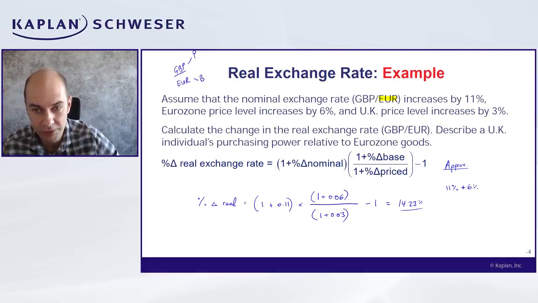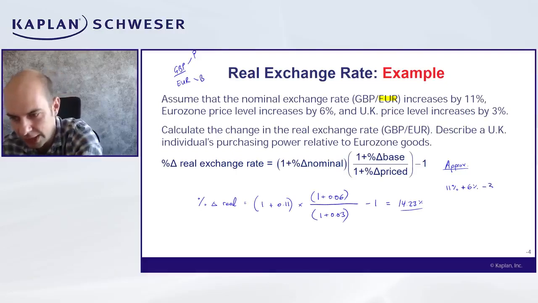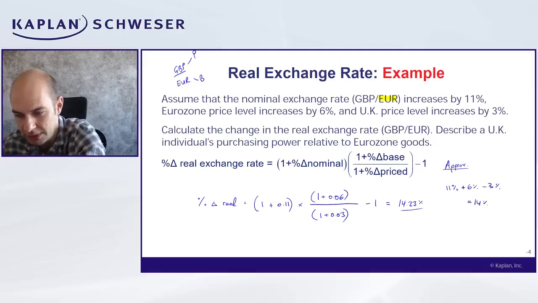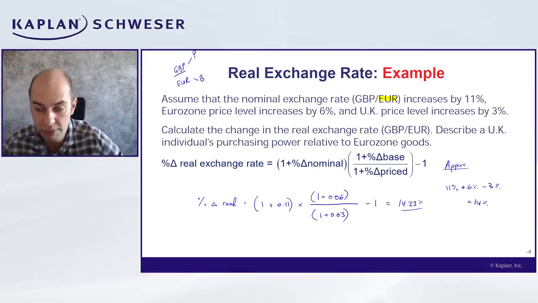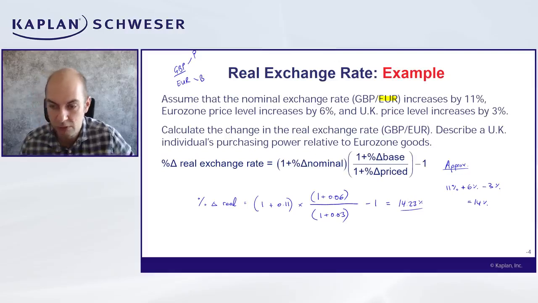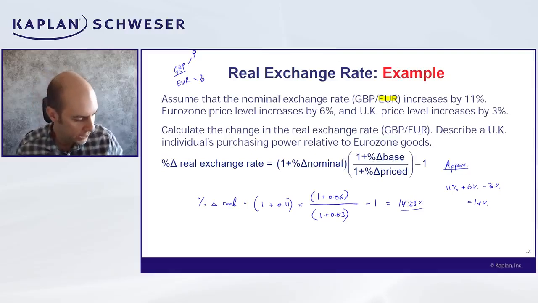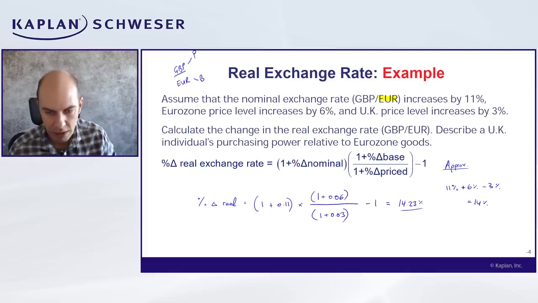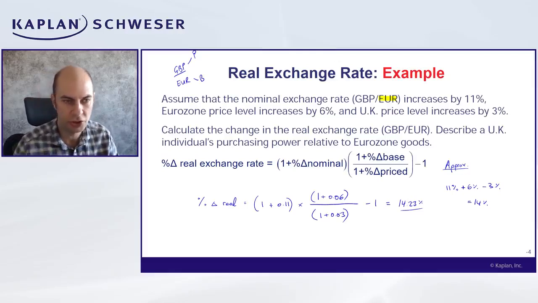Then we offset that against the increase in the UK price level of 3%. So 17 minus 3 is 14%, which is approximately correct, right? Because the correct answer was 14.23.